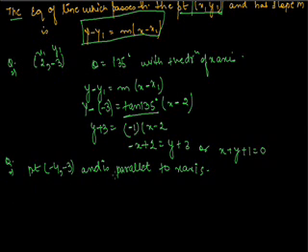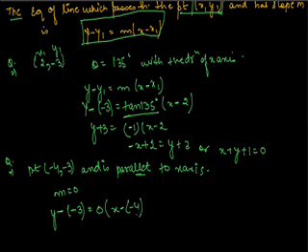As I know that the line is parallel to the x-axis, the slope will be 0. So here the m value is 0, so it can be written as y minus y1, that is y plus 3, is equal to 0 times (x minus x1), that is x plus 4. So it came out to be y plus 3 is equal to 0.